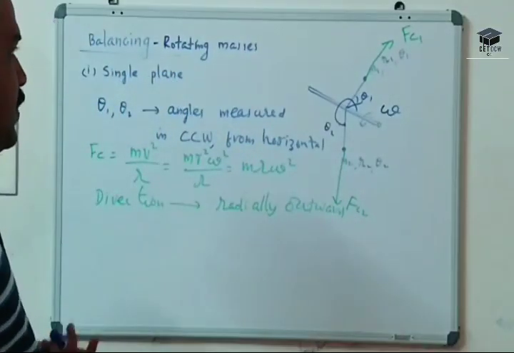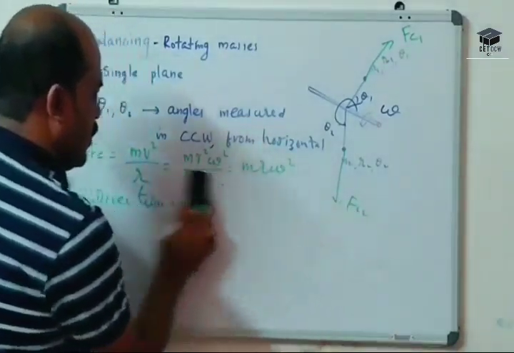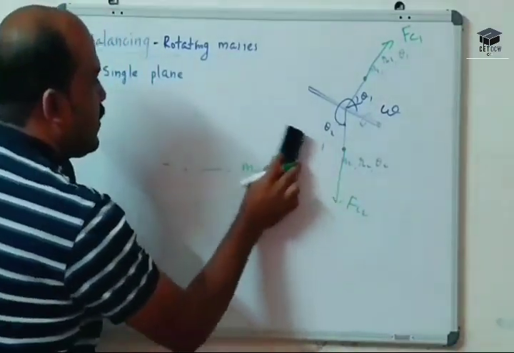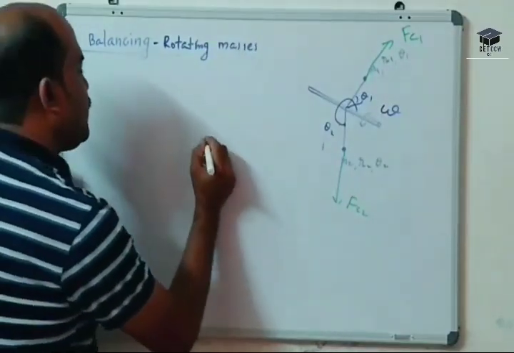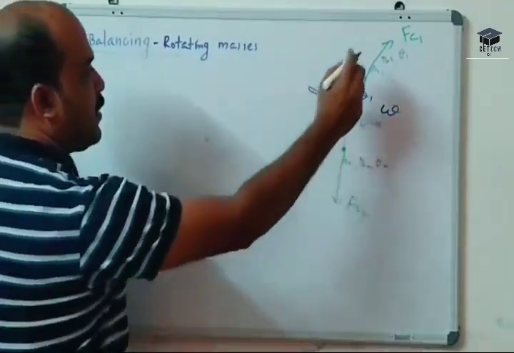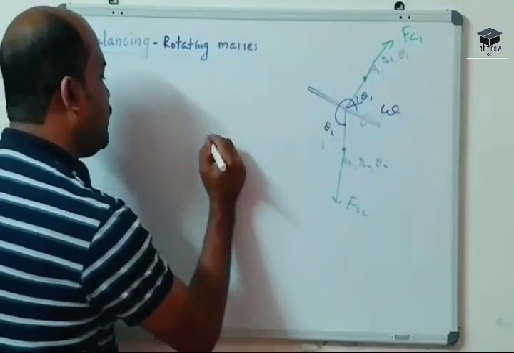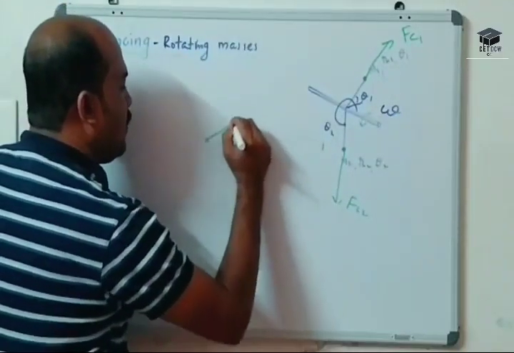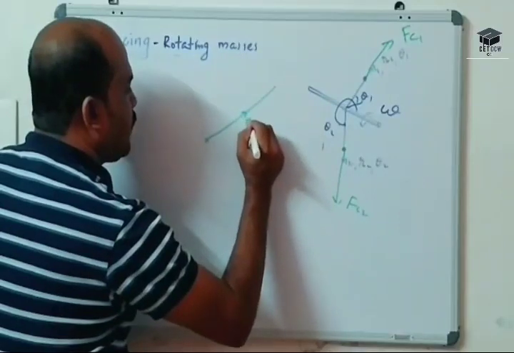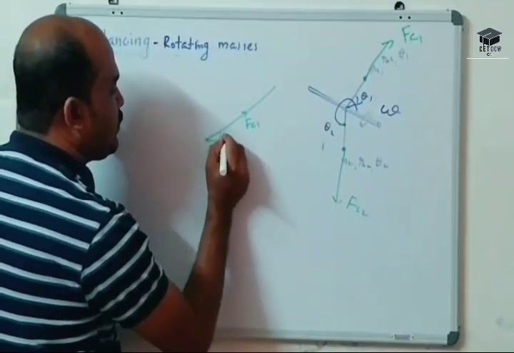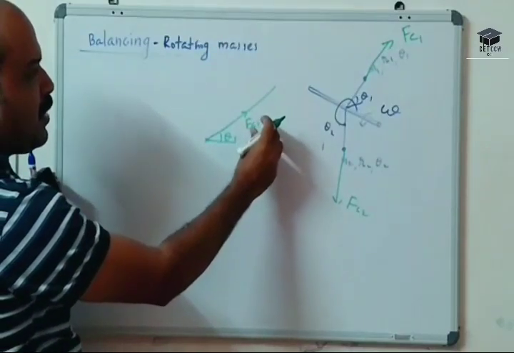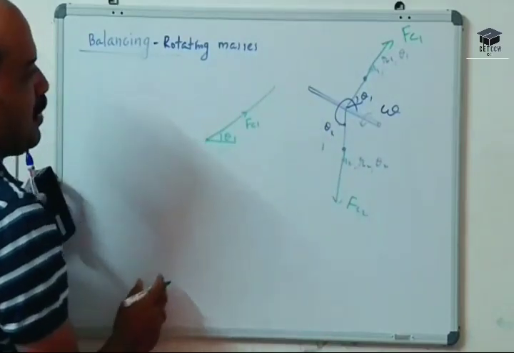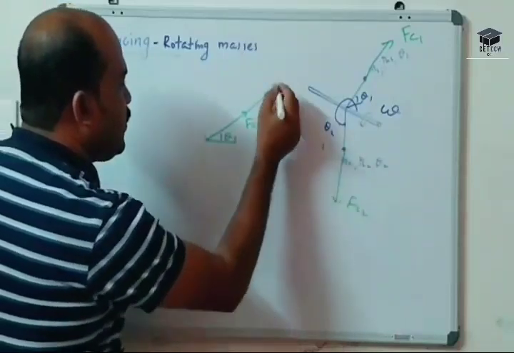Now, if you draw the vector diagram corresponding to these forces, first you can draw the vector corresponding to Fc1. Take a suitable scale and mark Fc1. This angle should be same as theta 1. This Fc1 is m1 r1 omega square. And the next vector is Fc2.